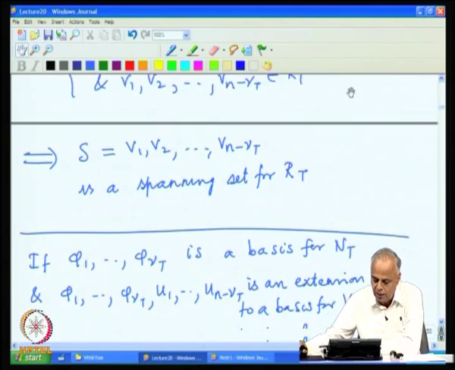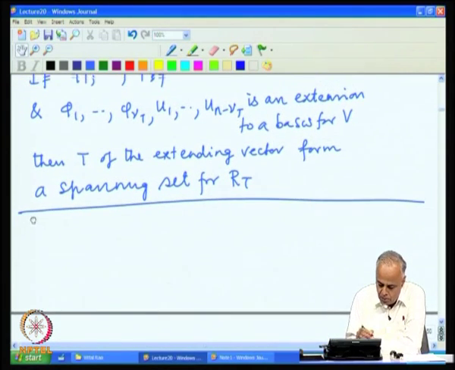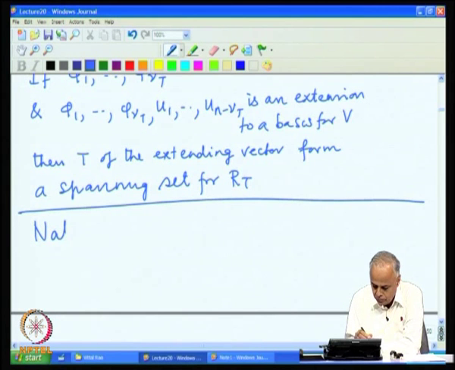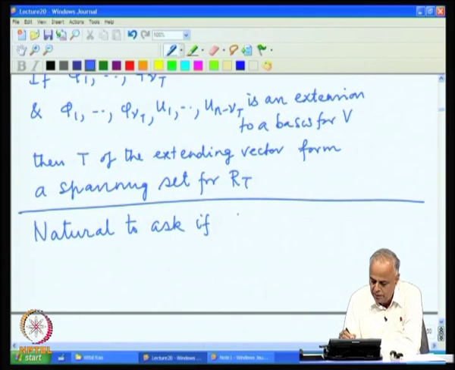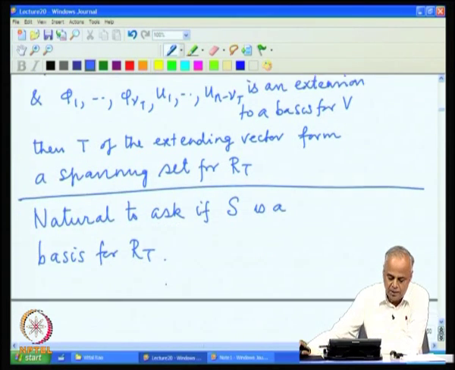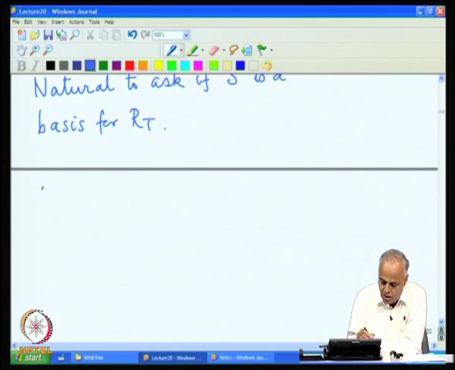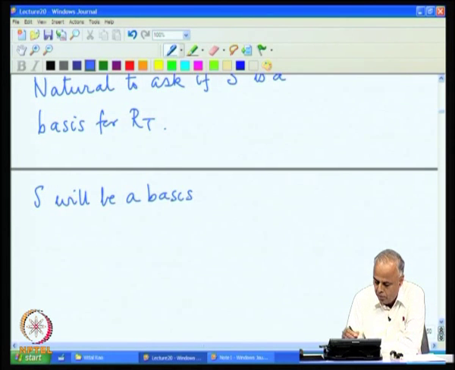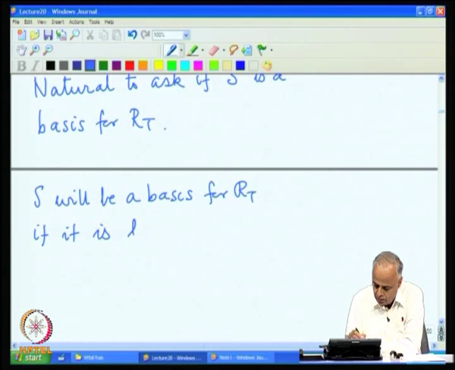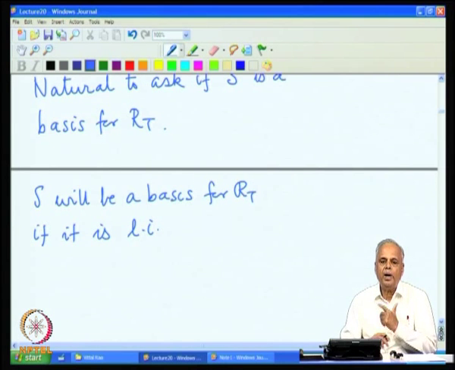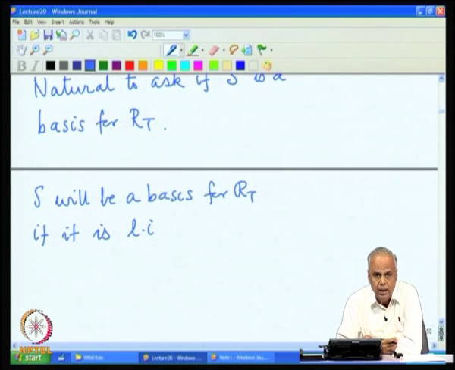It is already a spanning set, and it is natural to ask if this set S is a basis for range of T. So, S will be a basis for range of T if it is linearly independent.